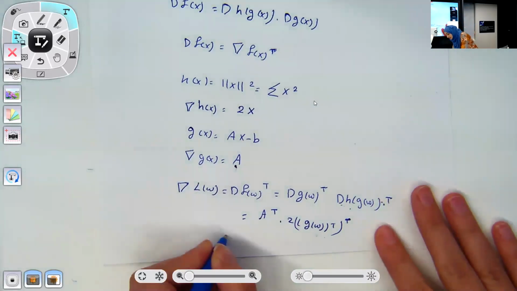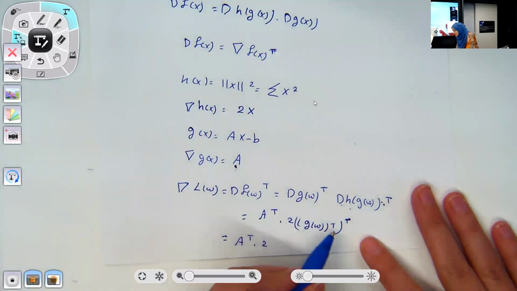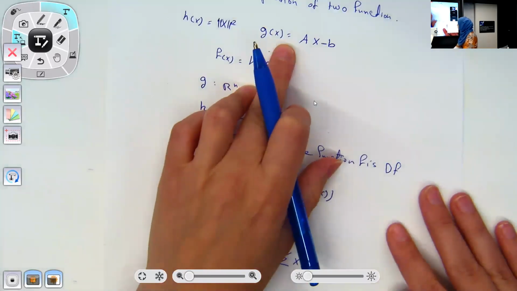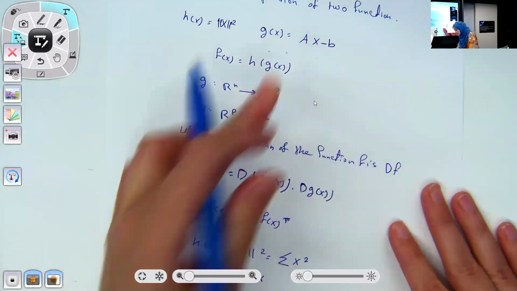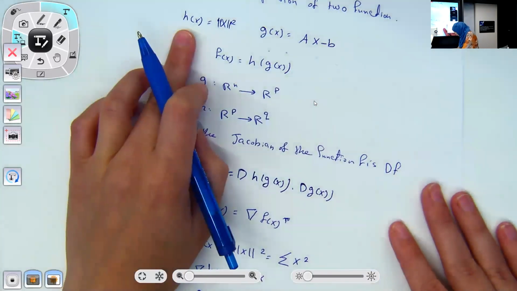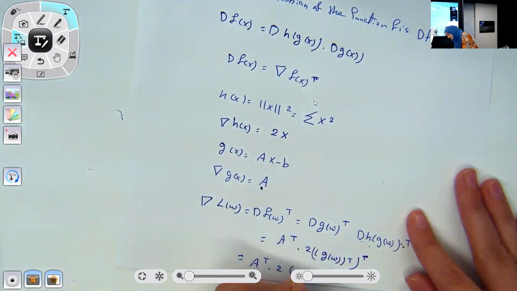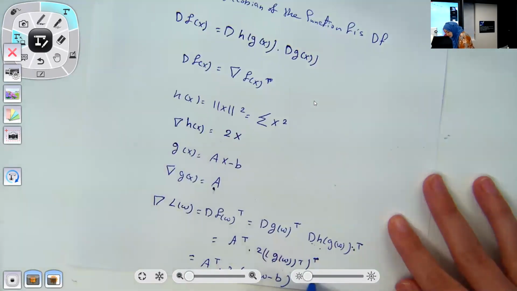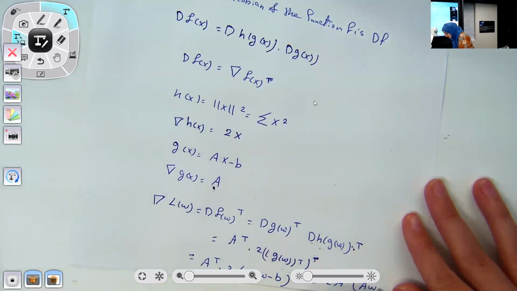So this is equal to a transpose times 2 times g omega, and the value of gx or g omega equals ax minus b, and because we are under the function h, this is equal to A omega minus B. So this is equal to A transpose multiplied with A omega minus B.